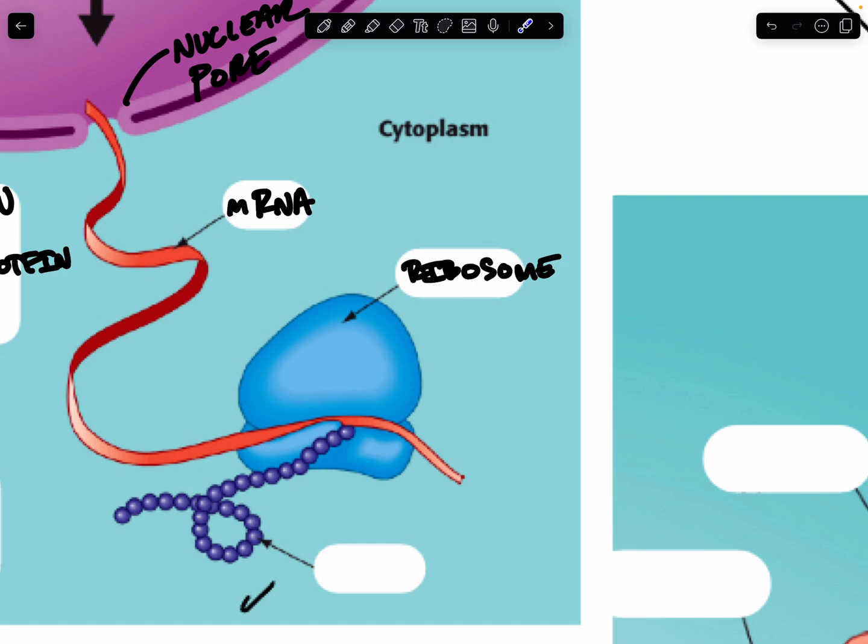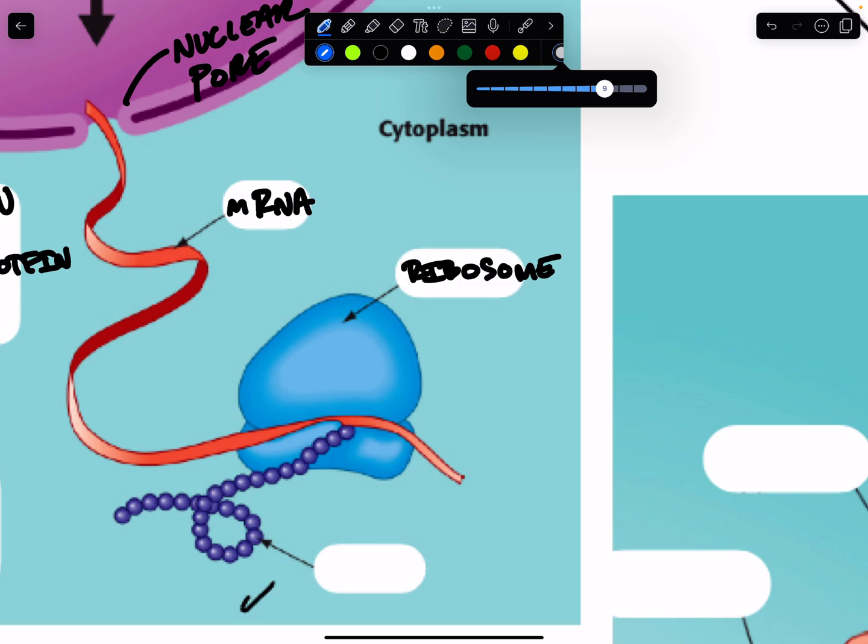I guess you don't really need to know that, but it's true. But it has enzymatic functionality, meaning that it does something. And the thing that it does is it slides along an RNA message and it reads the message. And then it takes amino acids that are hanging out.